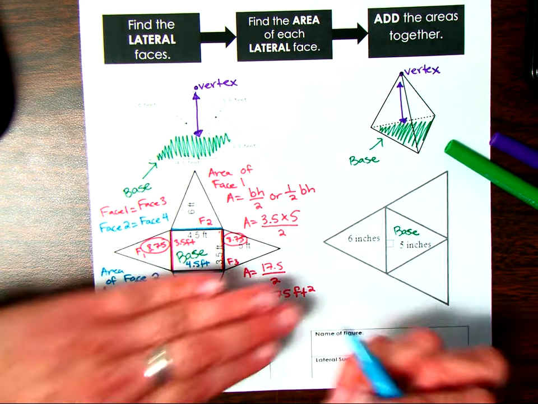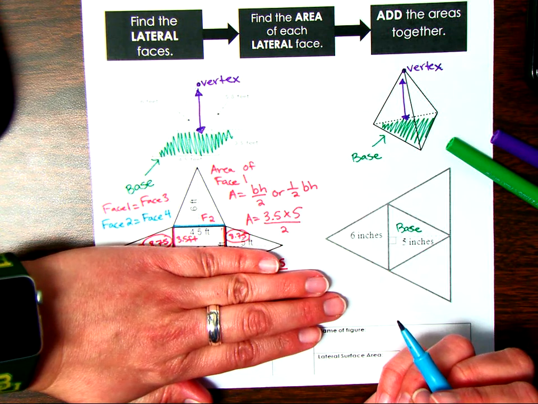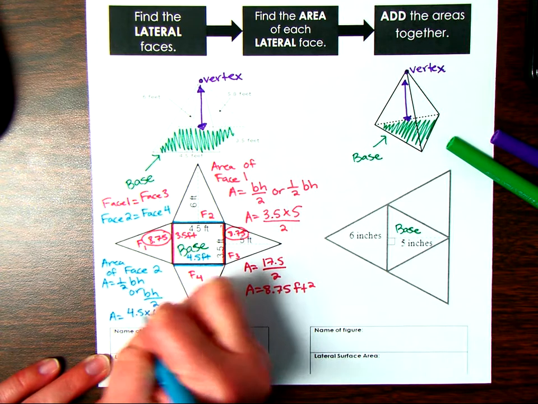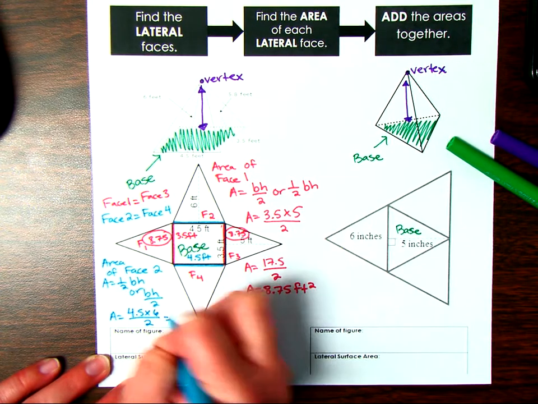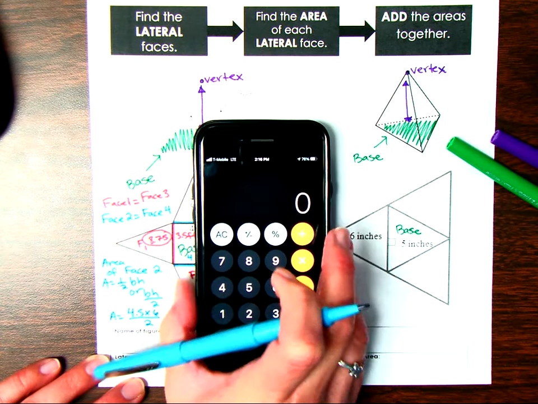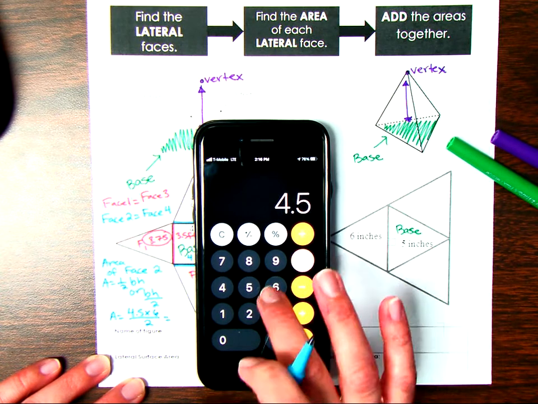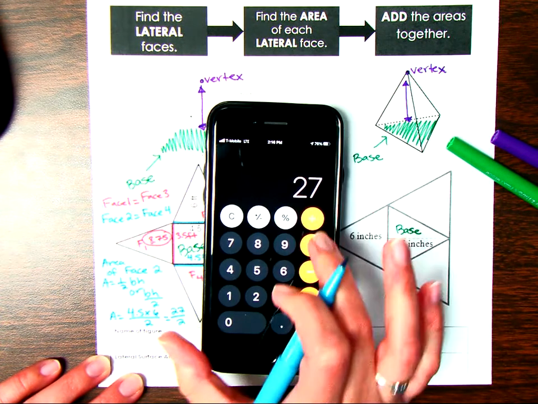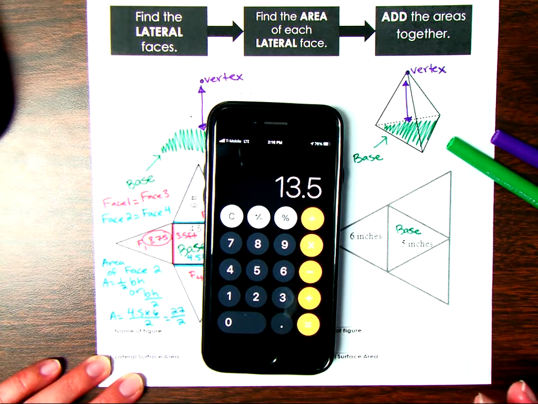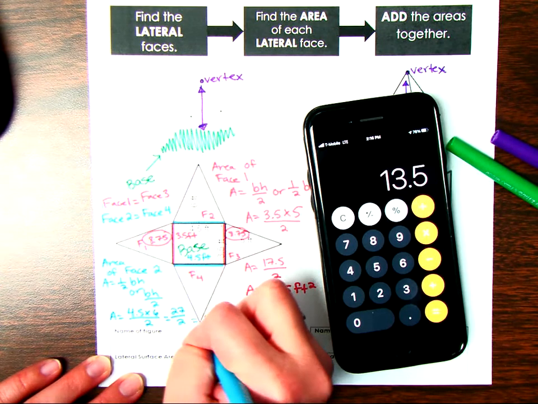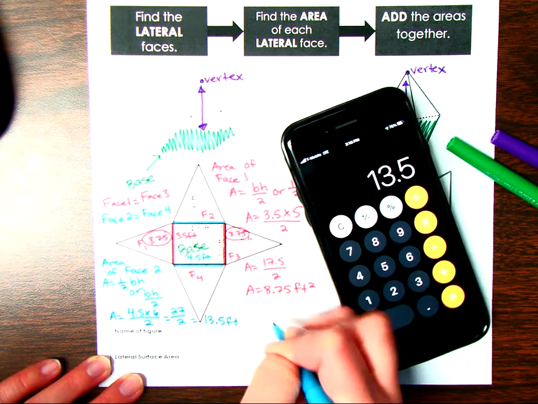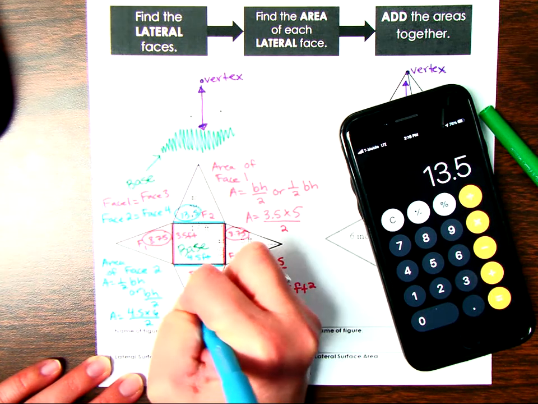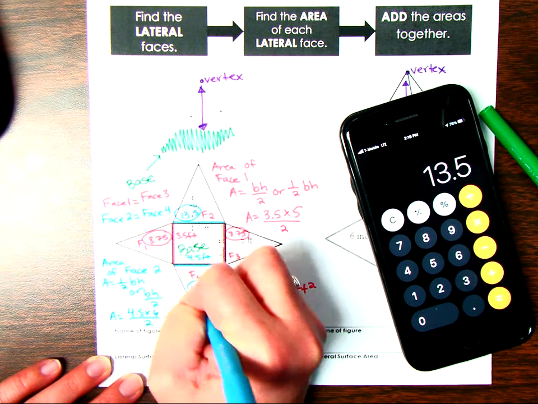So my base is 4 5/10 times the height of 6. 4 5/10 times 6 is 27, and then we divide that by 2. Dividing by 2 is the same thing as multiplying by 1/2. That gets me 13 5/10 square feet. So the area of this one is 13 5/10, which means face 4 is also 13 5/10.